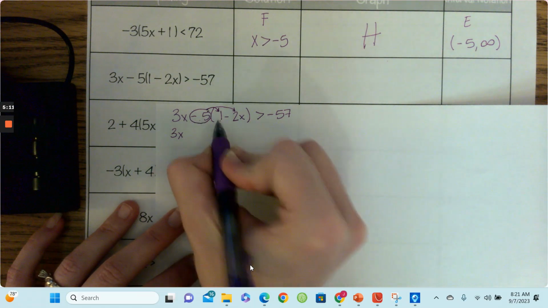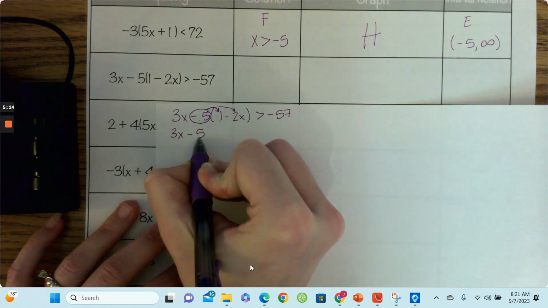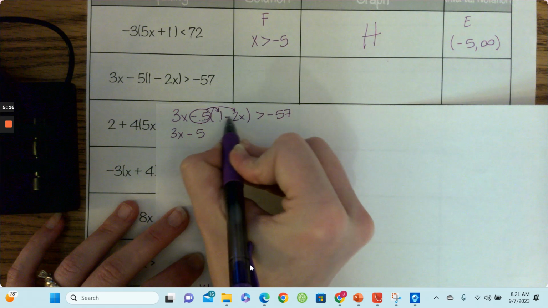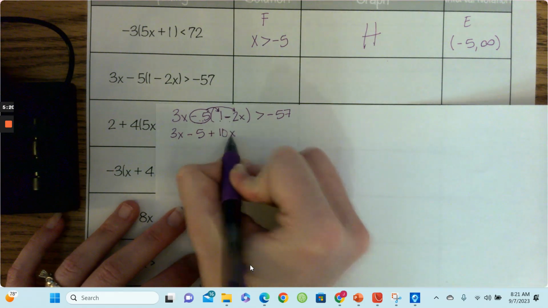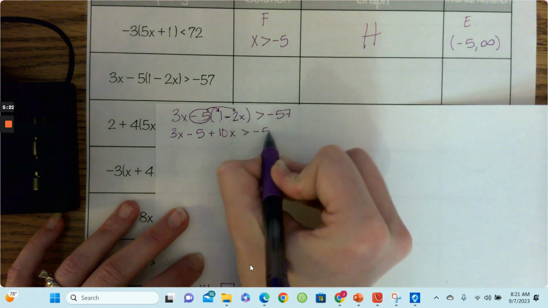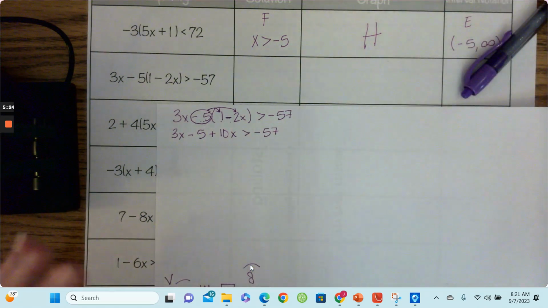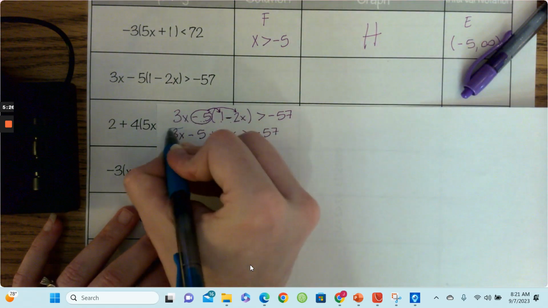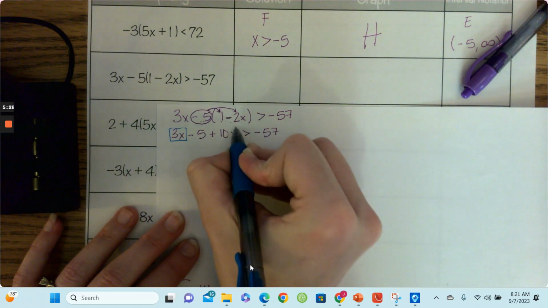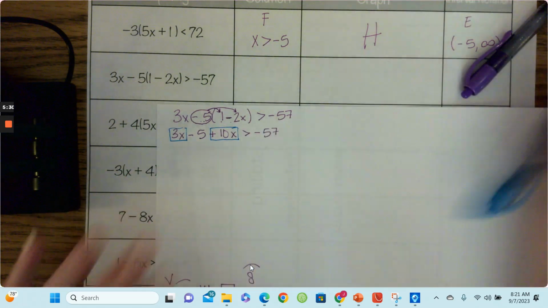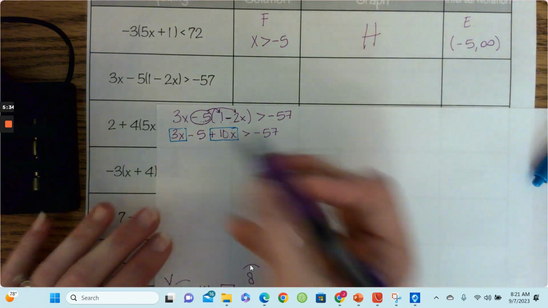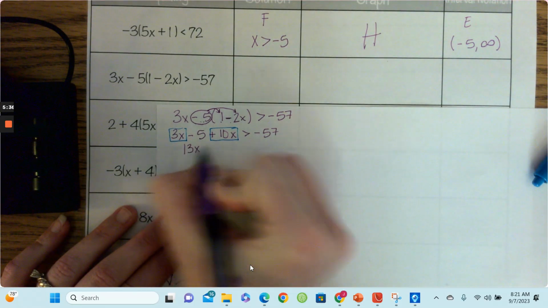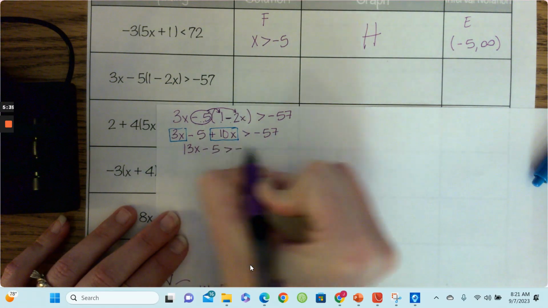So negative 5 times 1 is a negative 5. Negative 5 times negative 2x is a positive 10x. I have 2 x terms this time, but they're on the same side. So before I can do anything else, I've got to get all my x's together. So positive 3x plus positive 10x makes 13x.